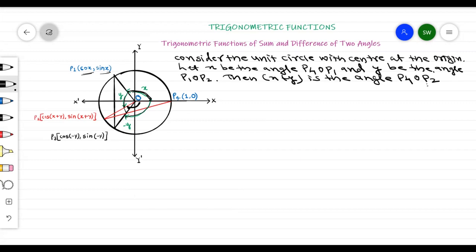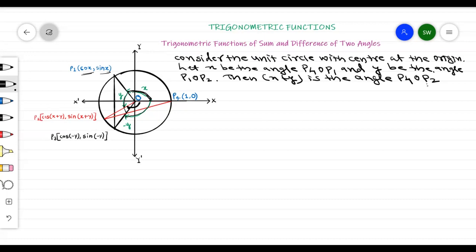Now take the radian in the clockwise direction, that is minus y. So the coordinates of this point P3 are cos of minus y, sin of minus y. And P4, since it is a unit circle, has coordinates 1, 0. So first we find all the coordinates of these four points.